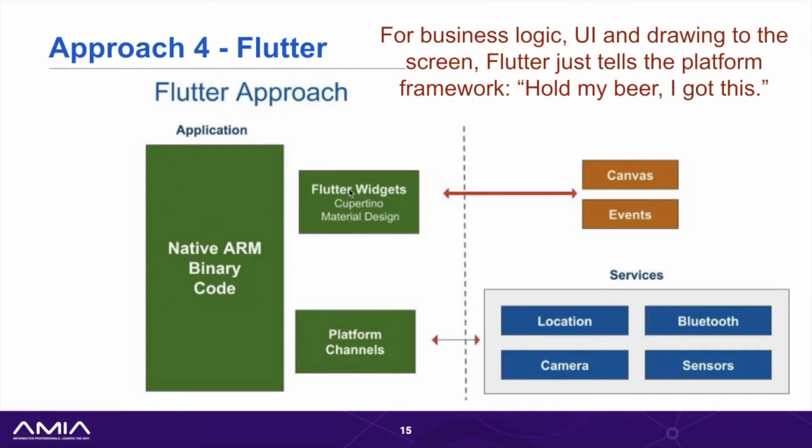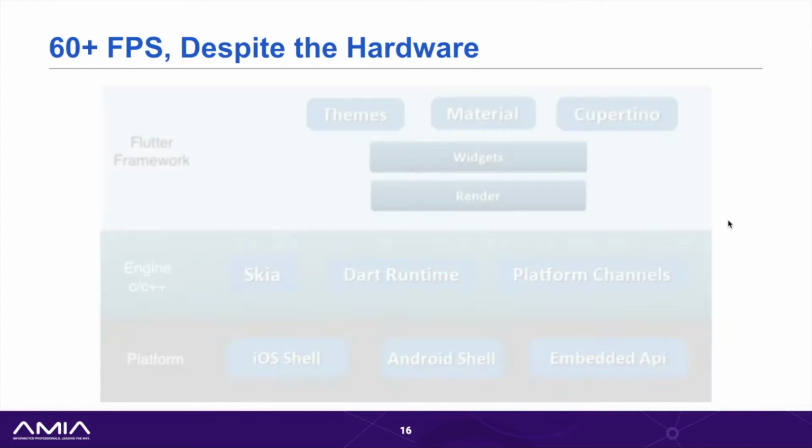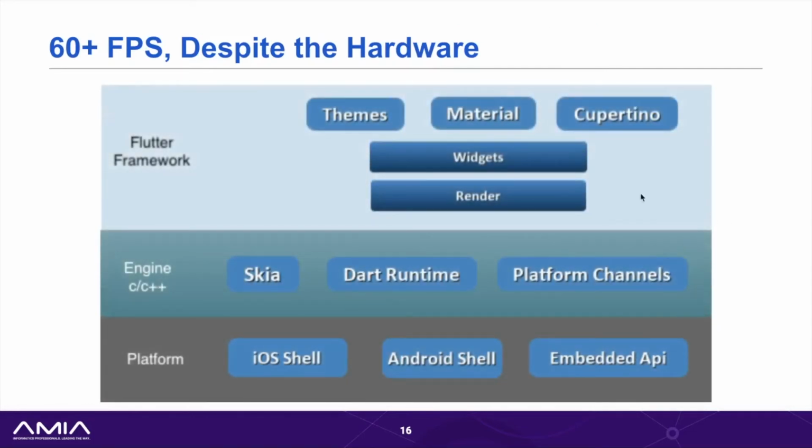And so that is very, very, very fast, and that's why they're able to guarantee 60 frames a second. They will still use platform channels to access the various services, location, Bluetooth, camera, stuff like that for Android and iPhone, but this is the thing that makes Flutter so unique, one of them. And that guarantees 60 frames a second despite the hardware.